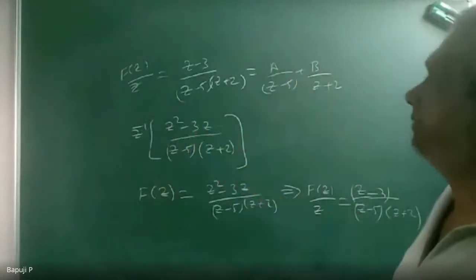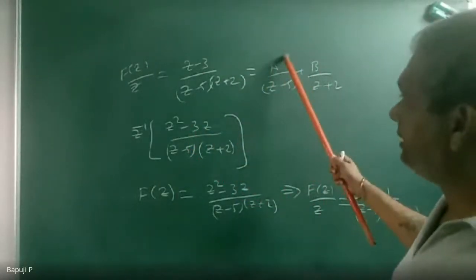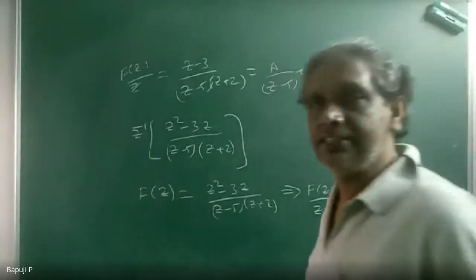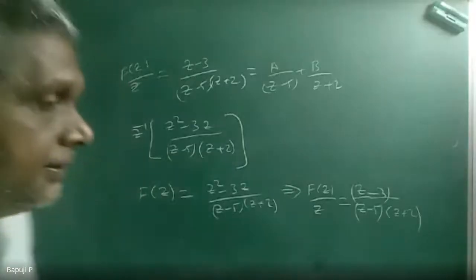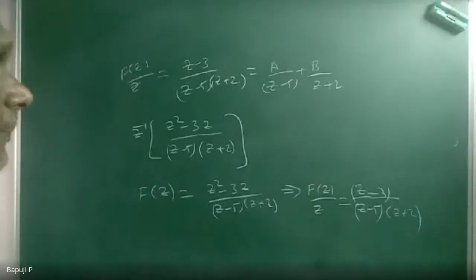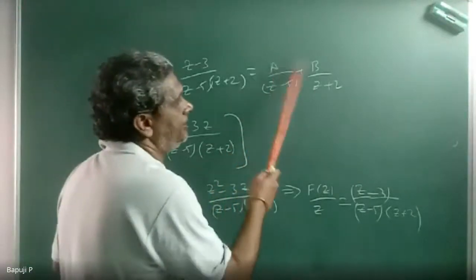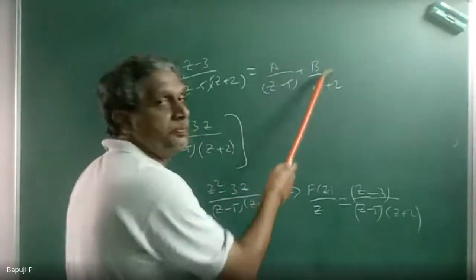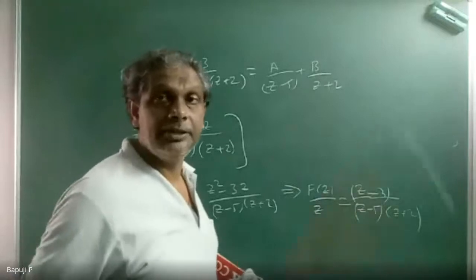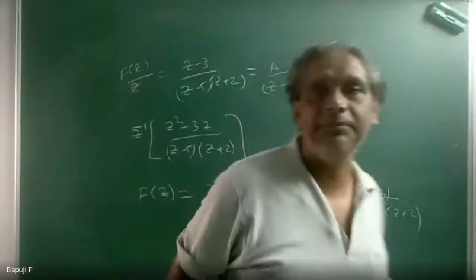Forget about A and B, I will find them. But the z inverse of z by z minus a is a to the power of n. So this is 5 to the power of n, and this is minus 2 to the power of n. Correct? See how ready-made the answers are.